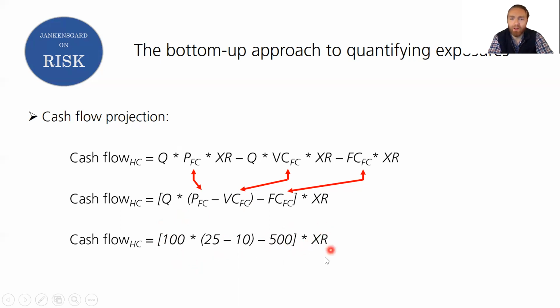So now the only uncertain factor here is the exchange rate. We haven't specified that for the moment, but just executing this gives you a number of 1,000. That would indicate essentially your exposure, and to arrive at your cash flow in home currency terms, just multiply that number with the exchange rate.